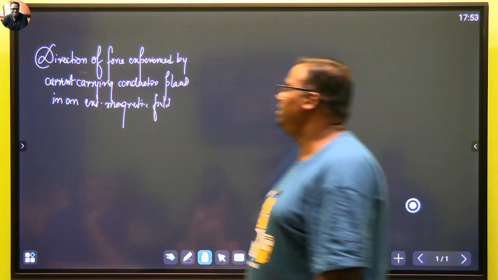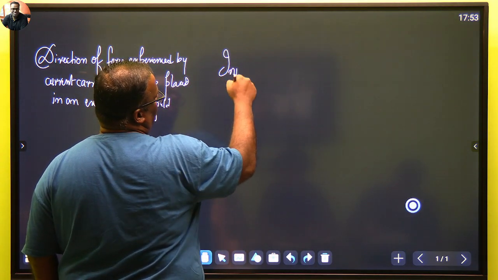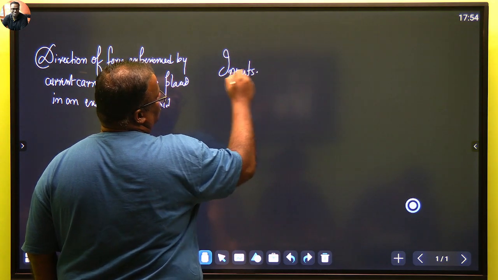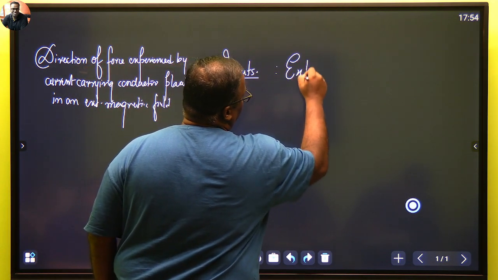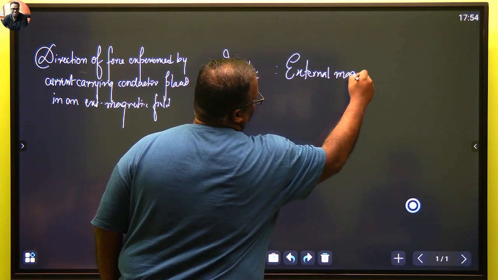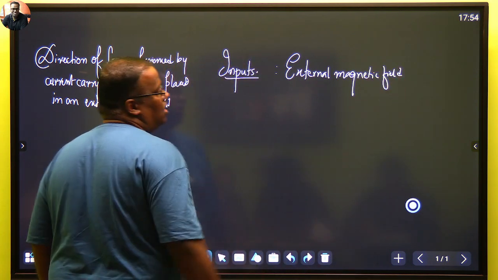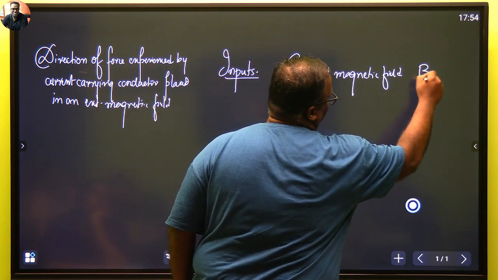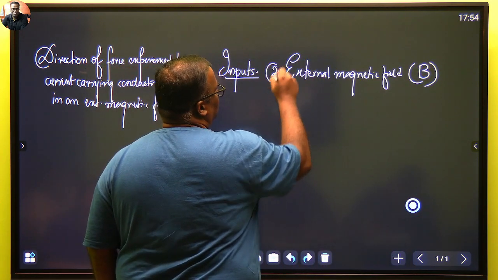Okay, now how to find this direction? So let's see what were our inputs for this system. What were our inputs? Our inputs were an external magnetic field. है ना, ये हमने दिया था. This is represented, magnetic field is always represented by B. This was our input number 2.